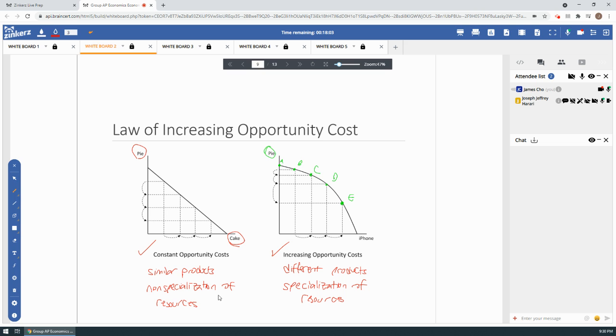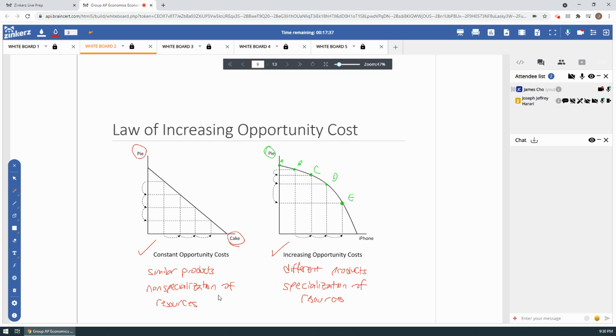One last question. So then does that mean that in the increasing opportunity cost, D would be the best place to stay? No. It depends on what your country likes. Okay, so if my country's like, man, I love pies, I don't really need iPhones. Well, in that case, point A or point B or point C might be better for your country.